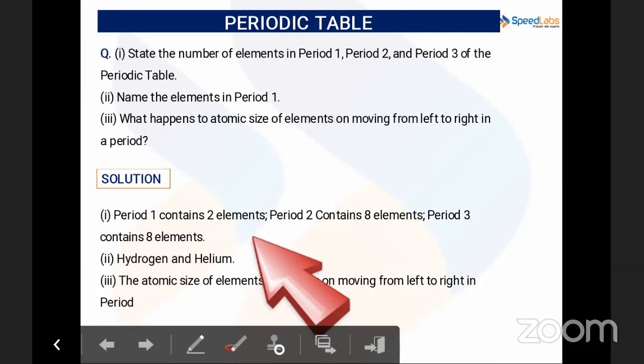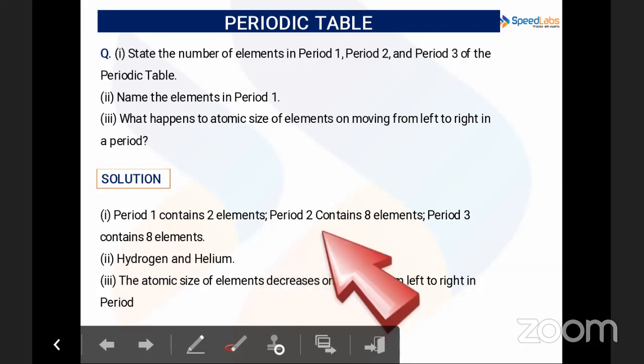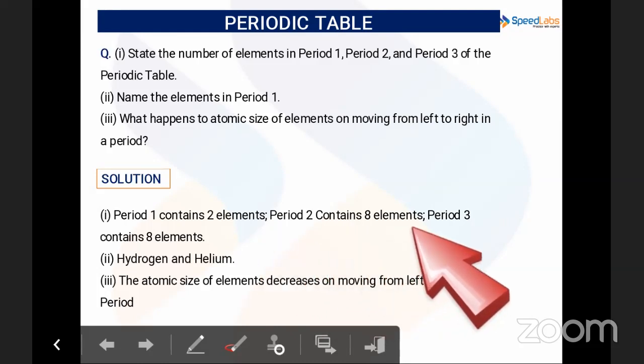Hydrogen and helium. Period 2 contains 8 elements. Which are the 8 elements? Lithium, beryllium, boron, carbon, nitrogen, oxygen, fluorine, and neon. These are the 8 elements present in period 2.